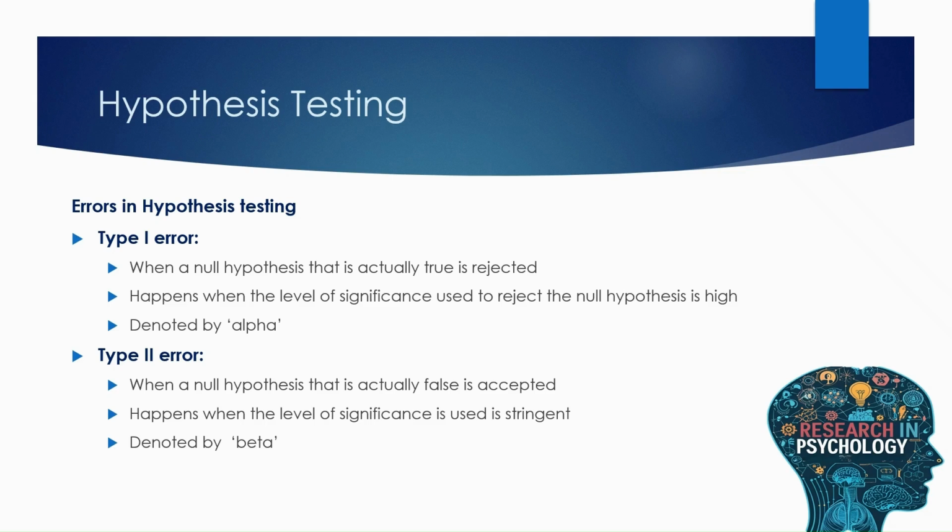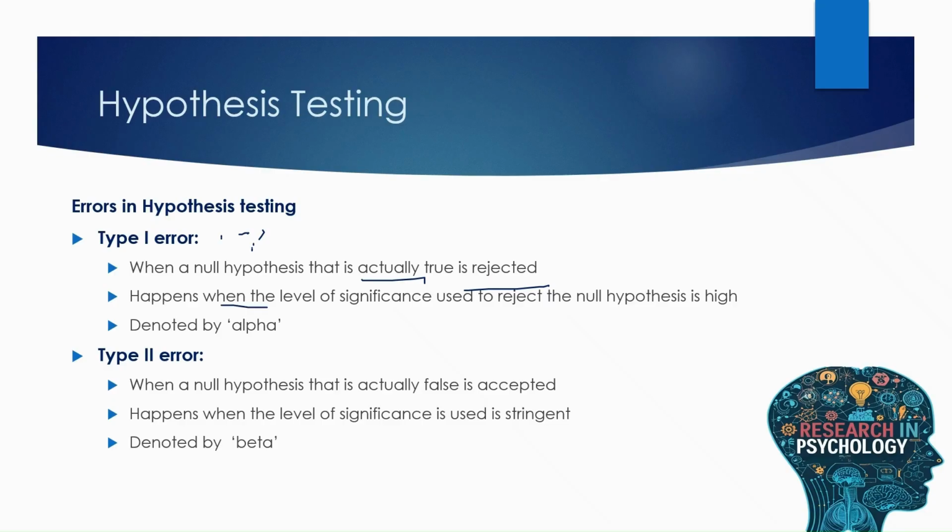When a null hypothesis that is actually true is rejected, which means a null hypothesis was actually true. There was no significant relationship between two variables, but you are rejecting it and you are saying no, there is a significant relationship between two variables and continuing the study. Now that is type 1 error, where a null hypothesis that is actually true is rejected.